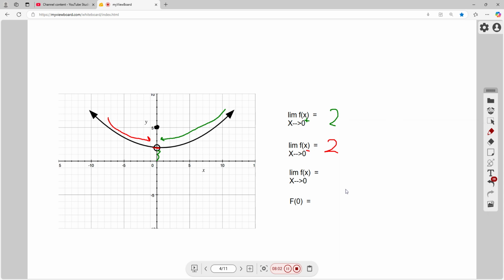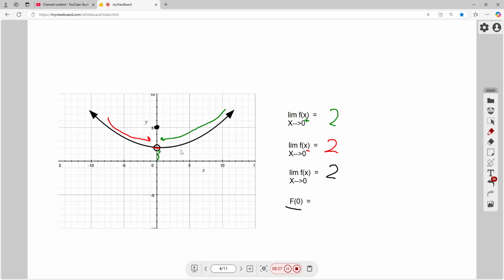And now we have limit f of x as x approaches 0. Here it does join up together. So that means your answer is again 2. For that limit, as x approaches 0, it doesn't matter if the point's over here. You just don't look at it. Think of it as doesn't exist right now. It only really matters for f of 0.